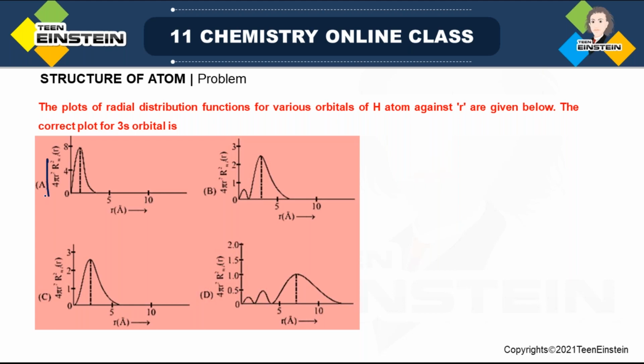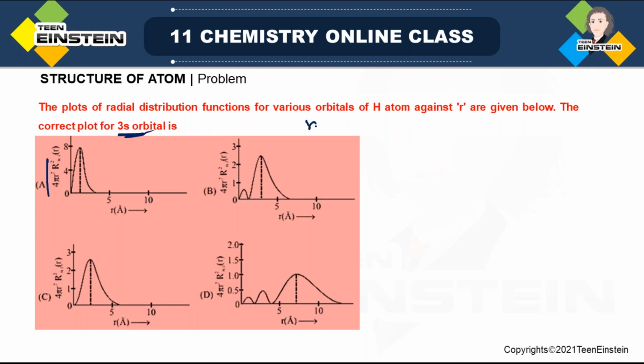Okay, sometimes it may be R square, sometimes it may be 4 pi R square multiplied with R square. Okay, now here we have to find the plots for radial distribution function for various orbitals of hydrogen atom given below. That means all these are for different orbitals of hydrogen, but you have to find the correct plot for 3s orbital only.